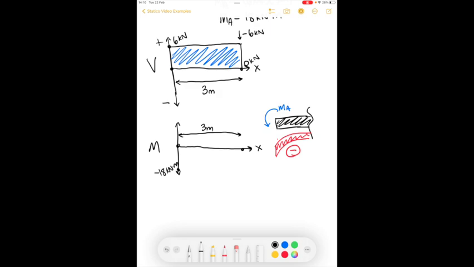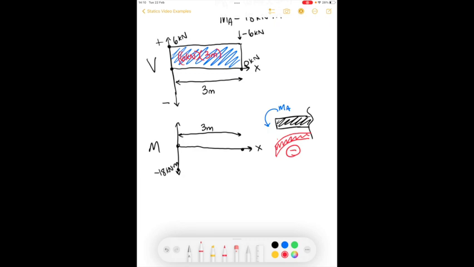And I'm going to continue from here until I get to the next external force that's applied. And like we saw, the only external force that's applied doesn't occur until x equals 3 meters. So I'm going to find the area of this rectangle up here. This area is 6 kilonewtons, that's the height, times the width, which is 3 meters.